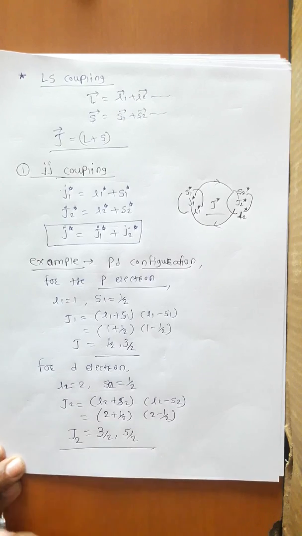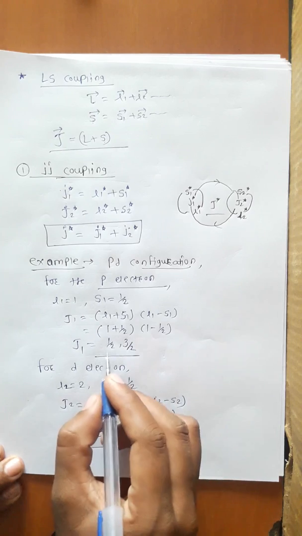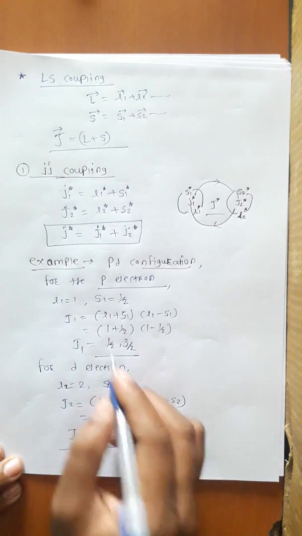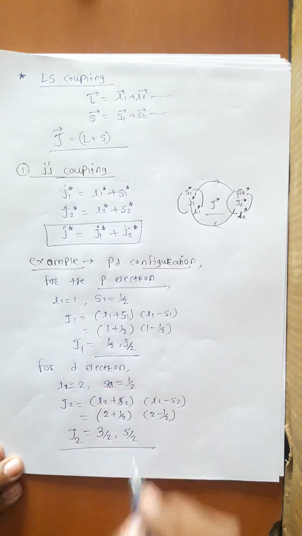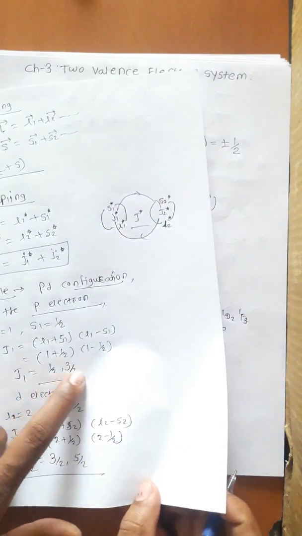These are the values of J1 and J2. Now we combine all these values in all possible ways. J1 is equal to 1/2 and 3/2, and J2 is equal to 3/2 and 5/2.